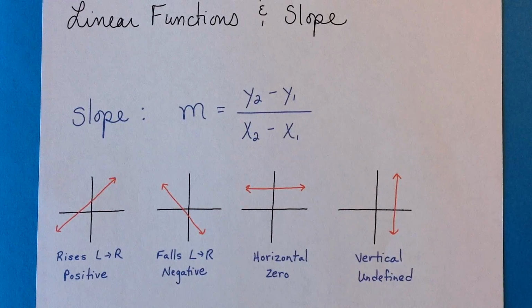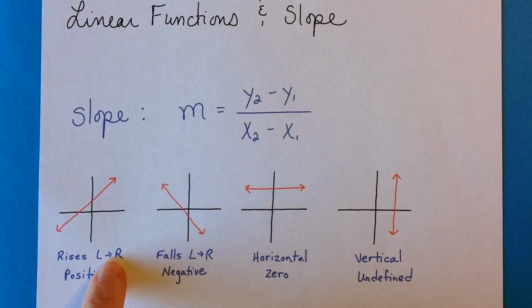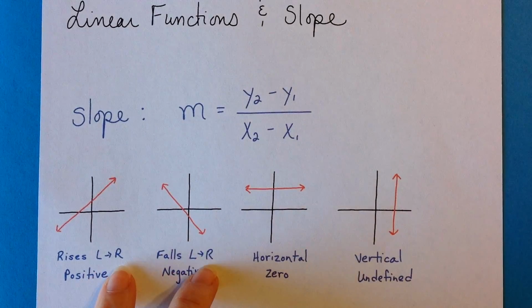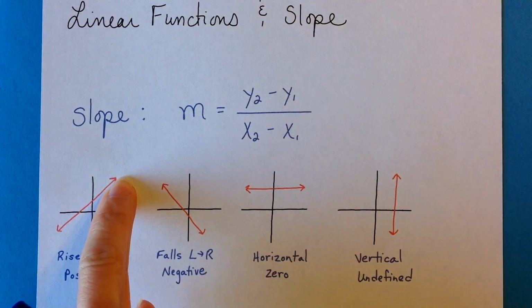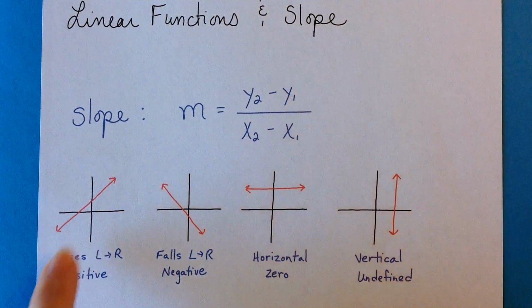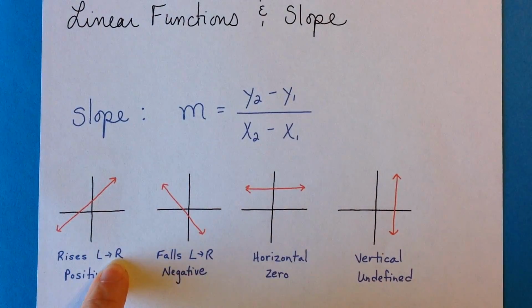If you look at your line, you'll notice on these two I have L to R, meaning left to right. So if you look at your line from the left side to the right side, and it rises or goes up as it goes left to right, then the slope of that line is always going to be a positive number.